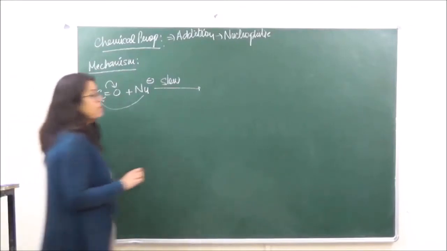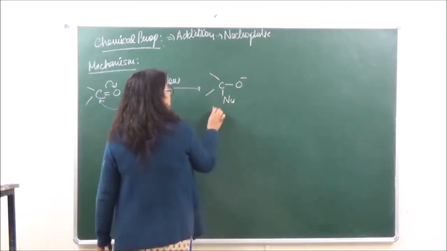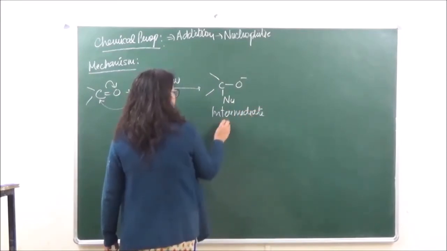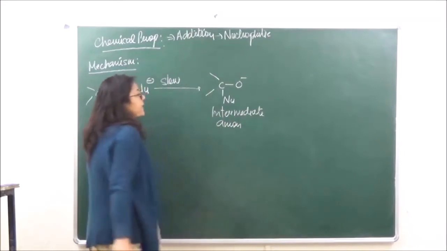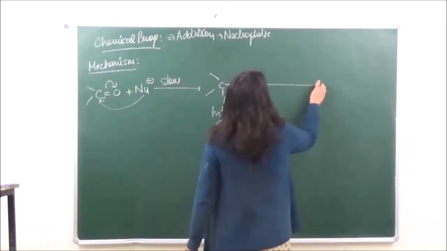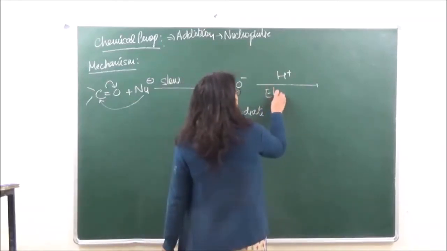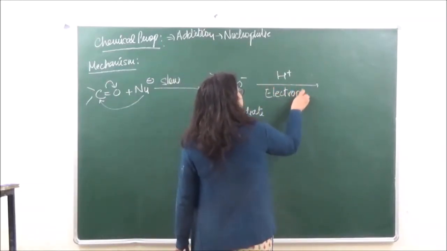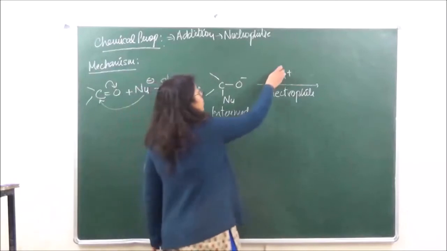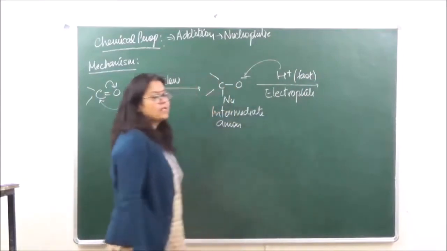So over here we are getting an intermediate anion, and this is now going to add an electrophile which is positively charged. So I am taking H positive here. It may be any other electrophile present with the attacking reagent, and this electrophile will go and attack the oxygen, and this step is going to be a fast step.